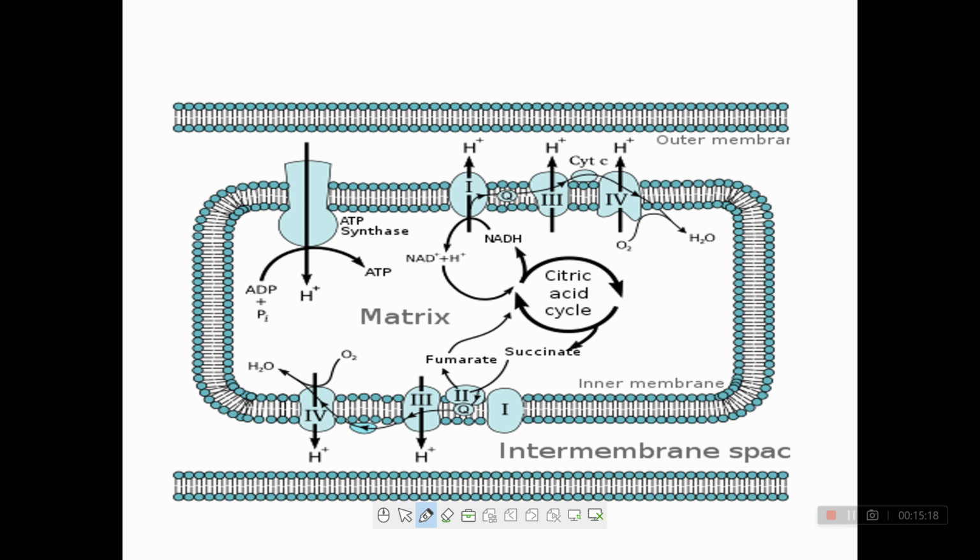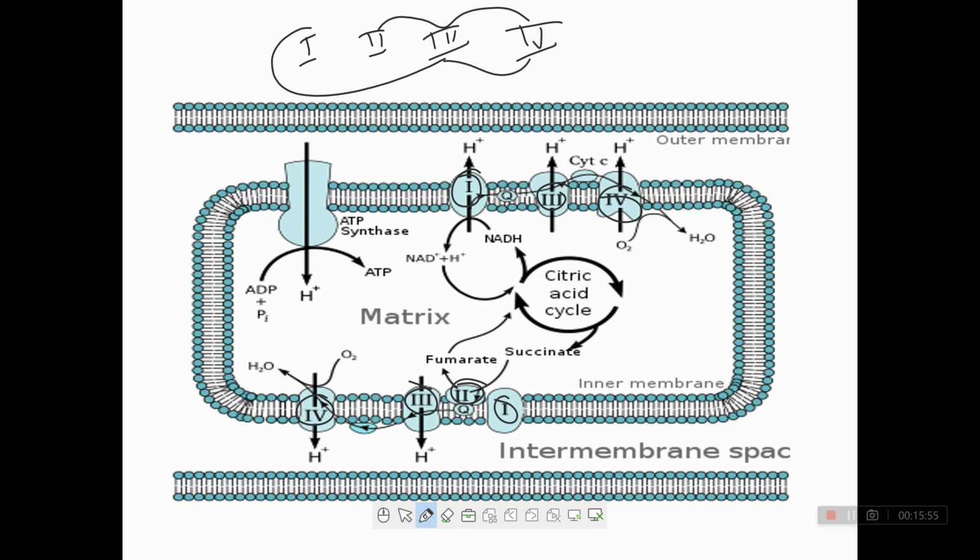So see here, this is the whole cycle. This is complex 1, complex 2, complex 3, complex 4. Actually there are 4 complexes, but the series is 1, 3 and 4, and 2, 3 and 4, not 1, 2, 3, 4.